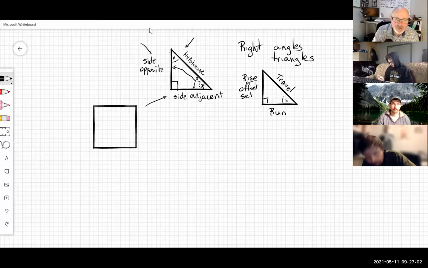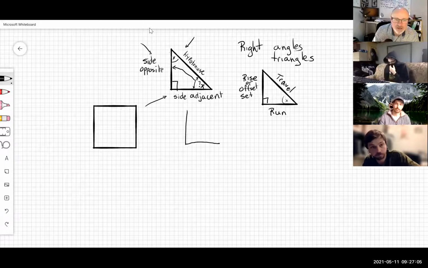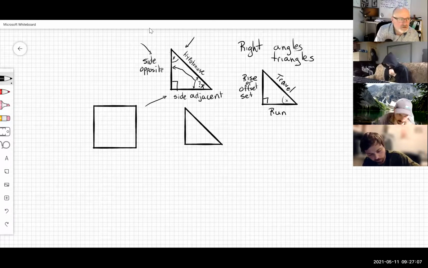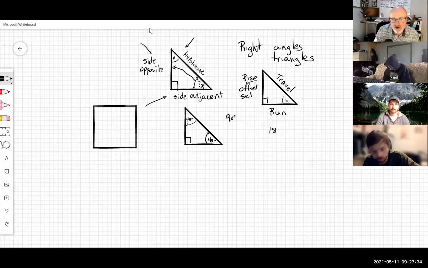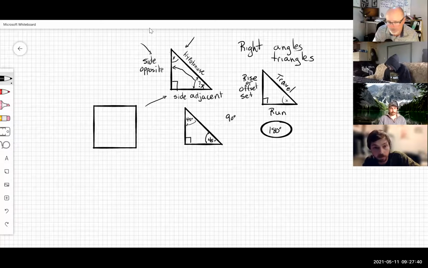So when I'm talking about a right angle triangle, and it is a 45-degree right angle triangle, the right angle right here indicates 90 degrees. If it's a 45-degree right angle, this angle has to also be 45 degrees because every right angle triangle comes up to 180 degrees total.